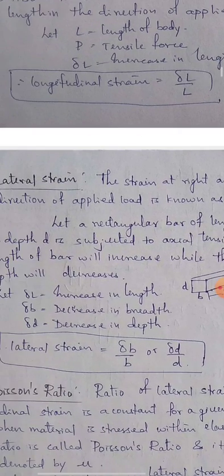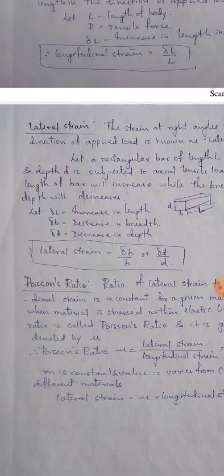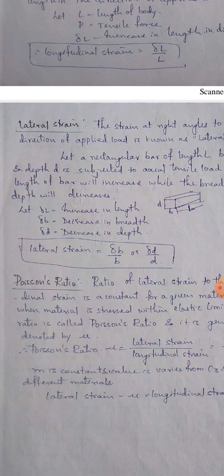Therefore the lateral strain is the change in breadth to the original breadth, or change in depth to the original depth, denoted by delta B by B or delta D by D. Poisson's ratio mu is defined as the ratio of lateral strain to longitudinal strain. Therefore lateral strain is mu into longitudinal strain. These values differ for different types of material.